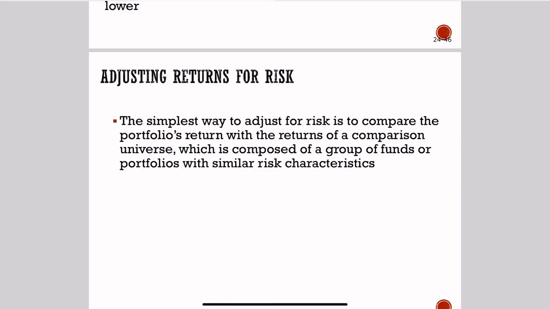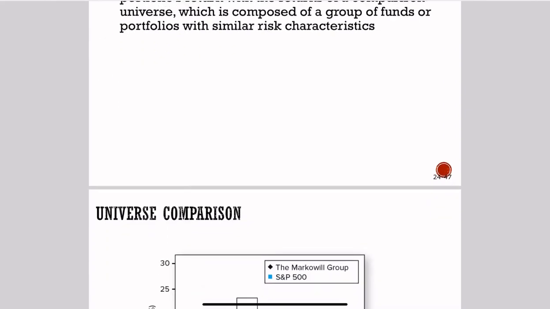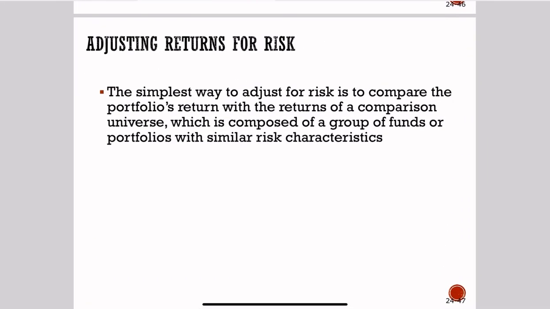So this basically means that when you're evaluating performance, you have to think about the trade-off between risk and returns, right? So the first, or simpler, way to think about performance is we first have to adjust returns for risk, right?